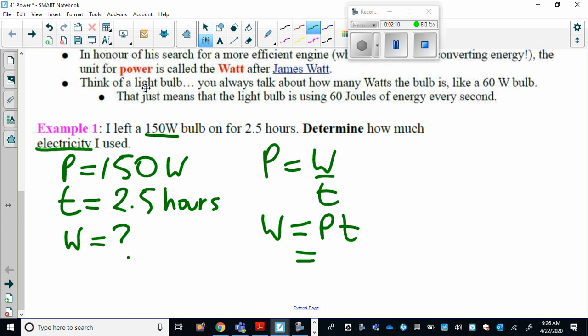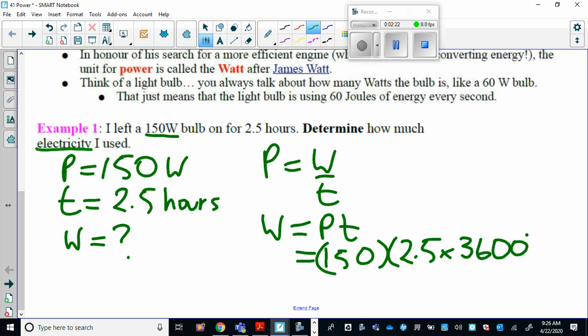W equals PT. So we're just going to multiply 150 times 2.5 times 3,600, because there are 3,600 seconds in 1 hour, or times 60 times 60, whichever way you want to do it.